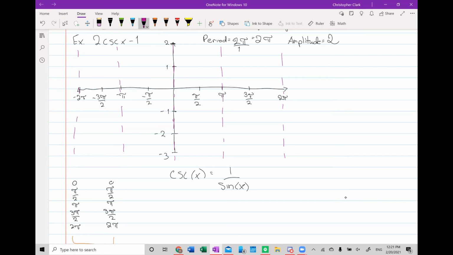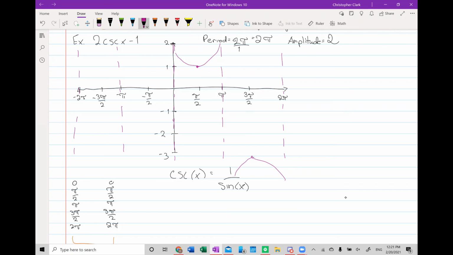So it actually sits right here. Okay, how about at 3 pi over 2? Normally it should be negative 1, but then we multiply it by 2, but we subtract 1, so it actually looks like this.